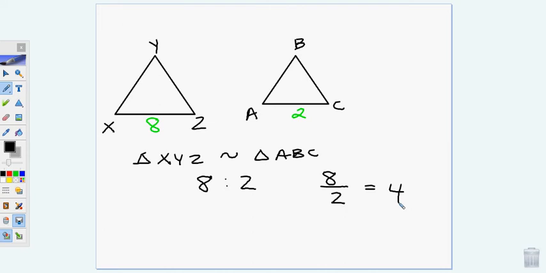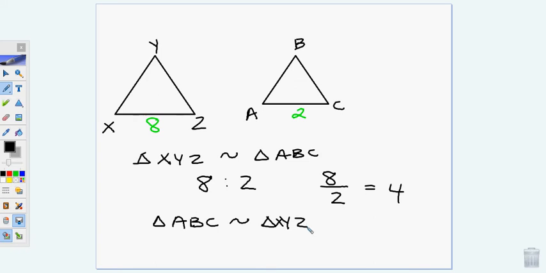Now, obviously, there is some common sense involved here. When I go from the bigger triangle to the smaller triangle, I am looking at a scale factor of 4, meaning the bigger triangle is 4 times larger than the small one. Similarly, I can switch them and say that triangle ABC is similar to triangle XYZ.